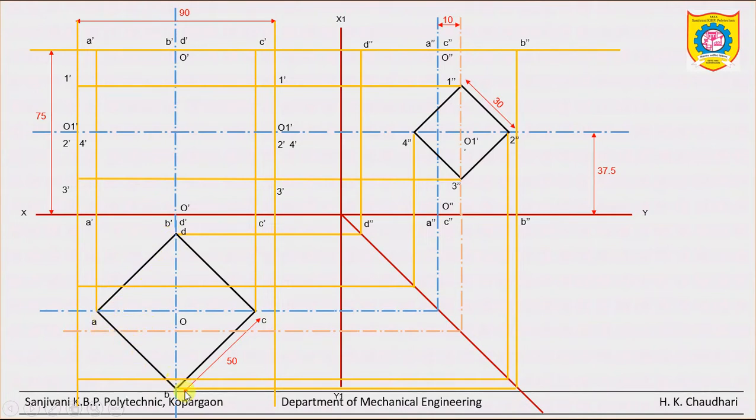These are the front faces, AB and BC, and CD and AD are the rear faces. Rear means back side. So label the points O1, O1. This red color line is the axis.